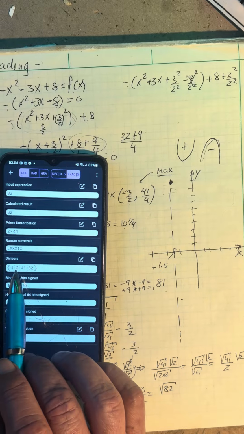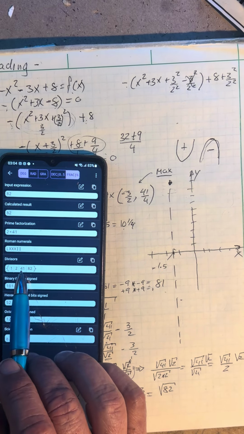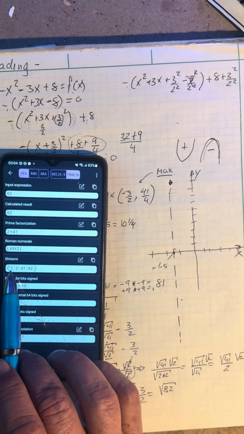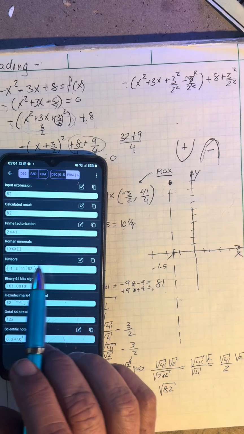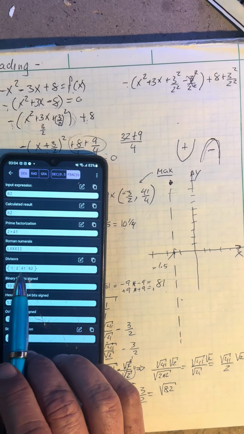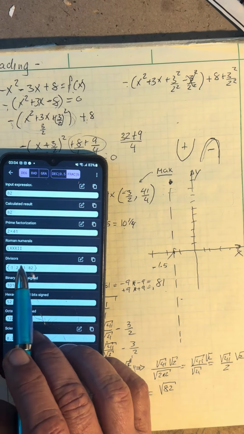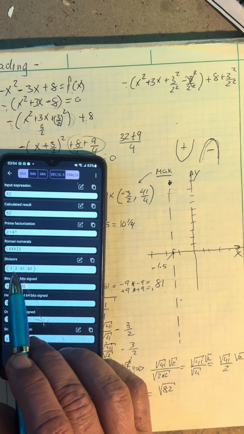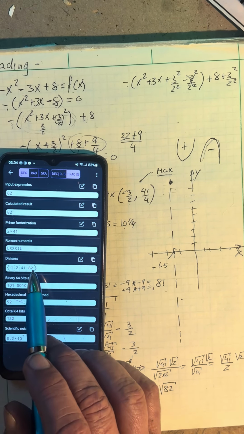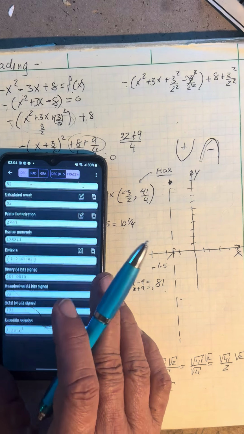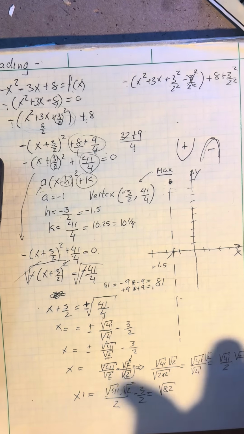You know, it has factors. You can see the factors, 2 times 41. But we can't do anything with that. The 2 does not simplify, the 41 does not simplify, and so we have to leave it like that.